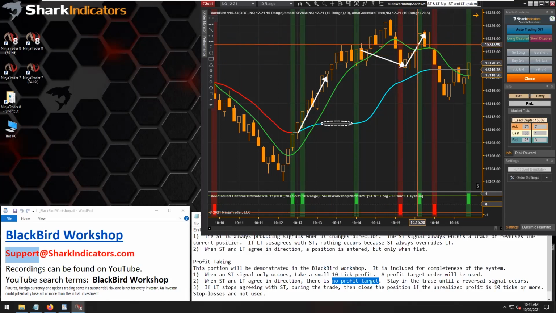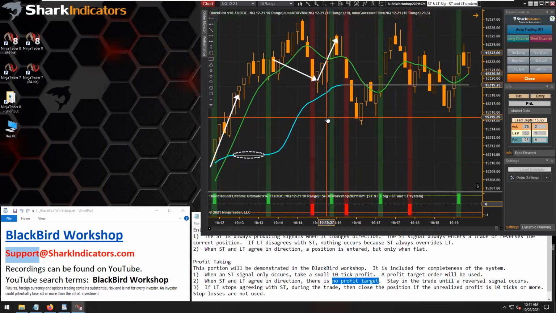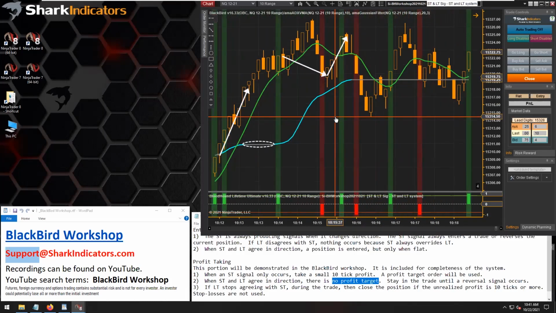So again, another loss. So as this short-term indicator is flip-flopping around, it's basically generating a bunch of reversal trades and a bunch of losses there, so on and so forth.